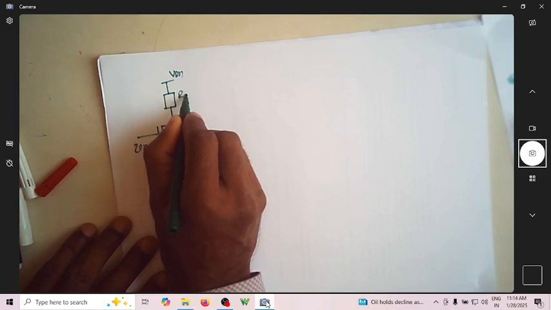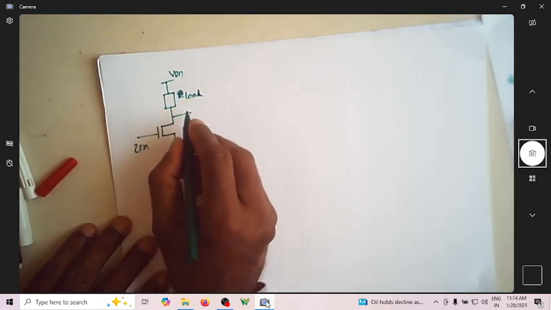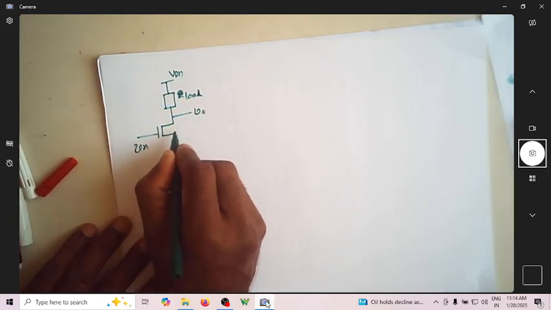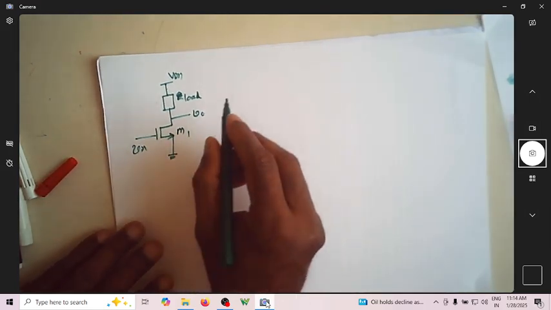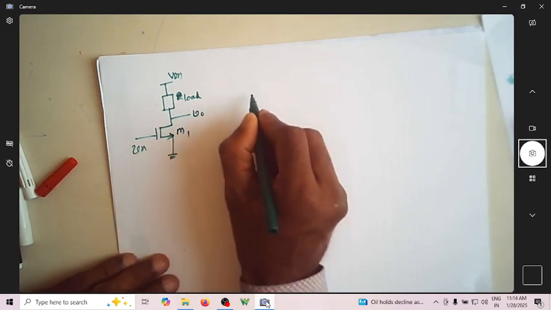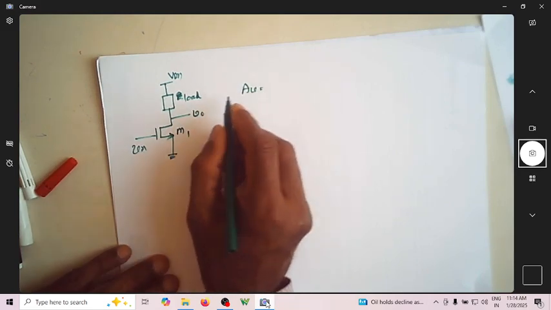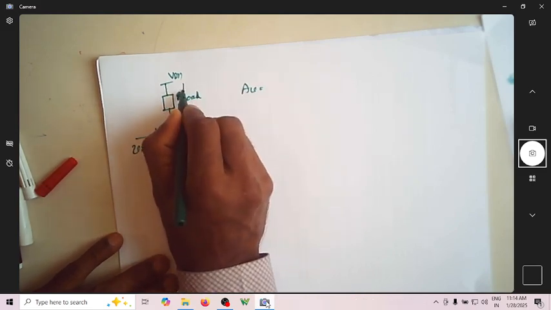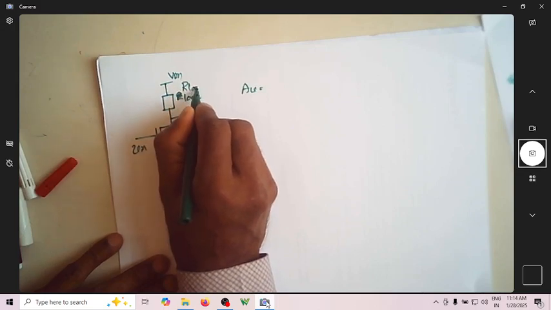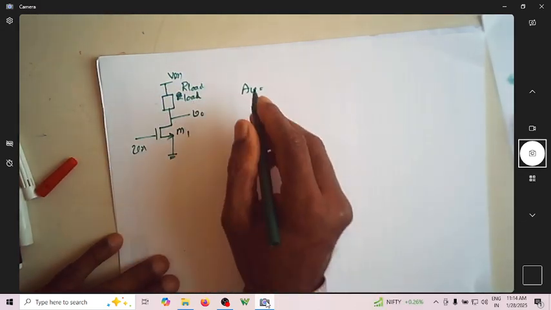Let me simply say it as load. This is V0. Assume this is M1. So now what is AV? AV is nothing but, let me say it as R load itself. There is a load that is available.